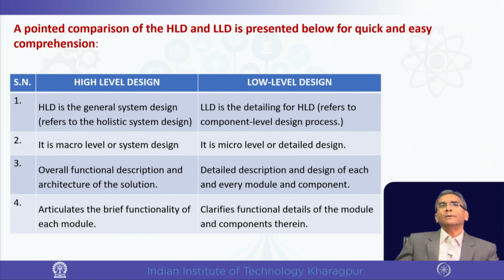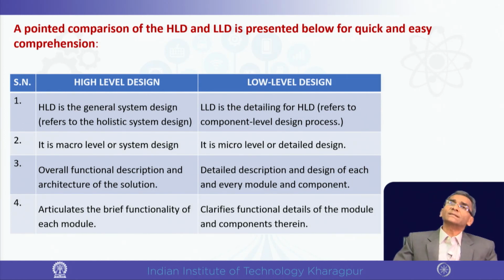Now, a quick comparison. These are already discussed, but it will be very helpful for you to have it in one chart to decipher the difference quickly. So, one is the system level, the high level one, and the low level one is the component level.